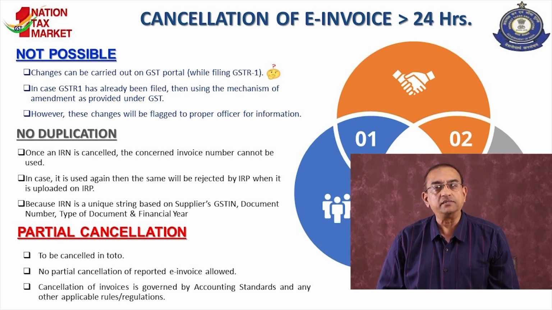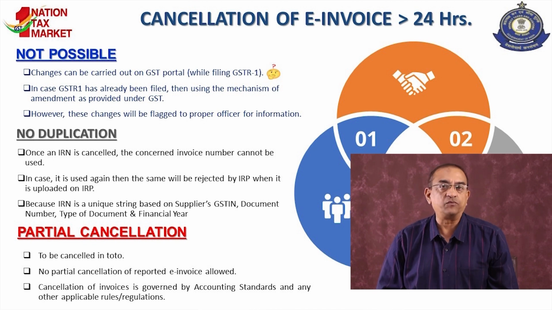Second is, there is no duplication of invoices. If an invoice is attached with an invoice reference number, the same invoice number cannot be used for generating another invoice reference number. There is also no question of partial cancellation of e-invoice. For instance, if there are two supplies made in a single tax invoice, one supply is fructified, the other supply requires to be cancelled, e-invoice cannot be cancelled partially.